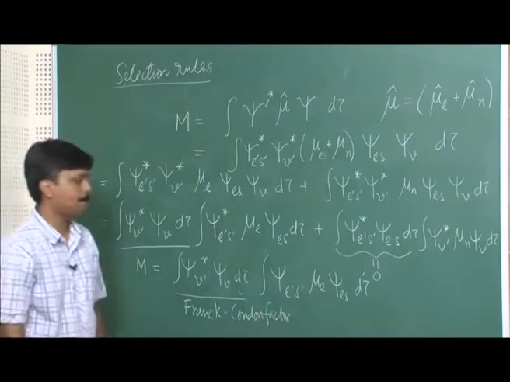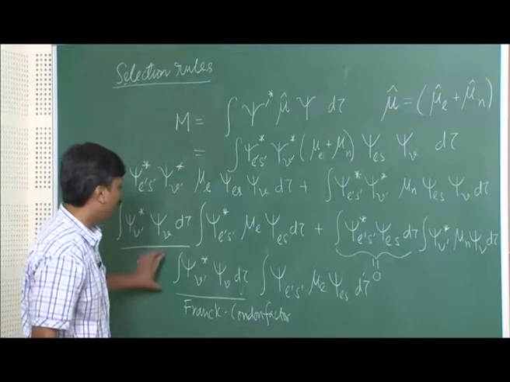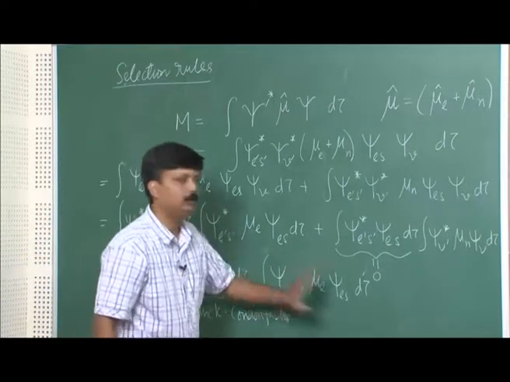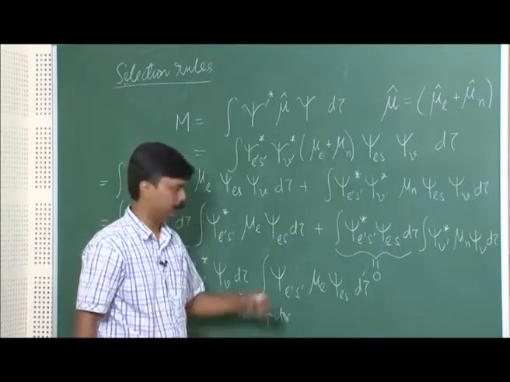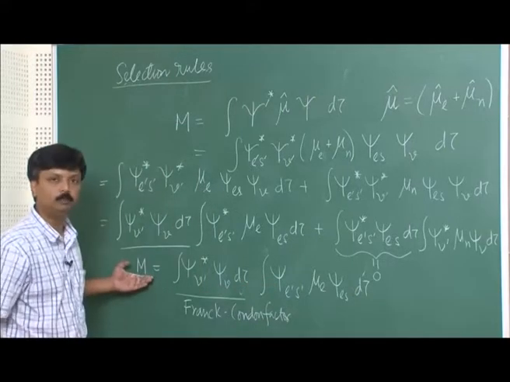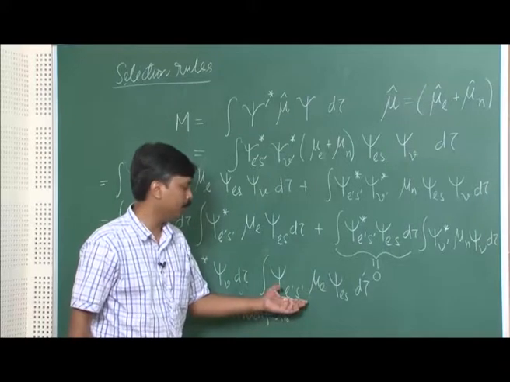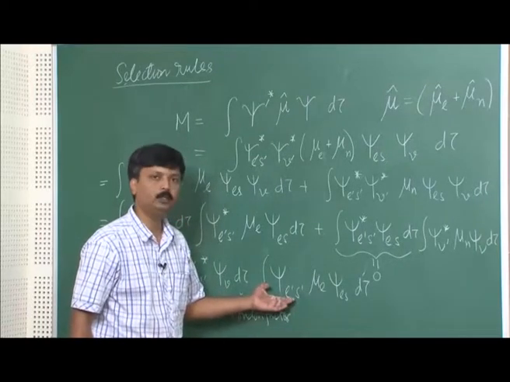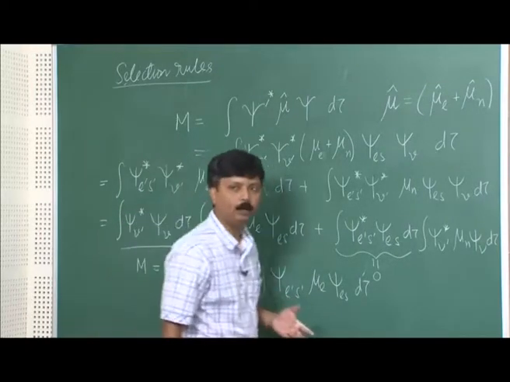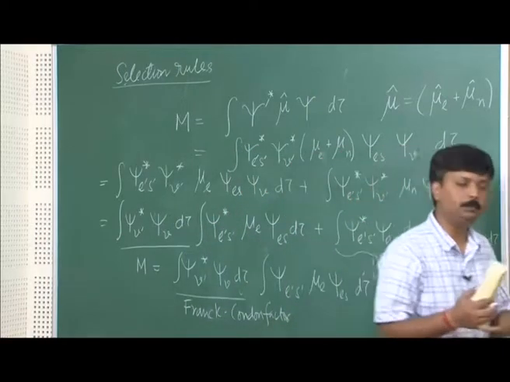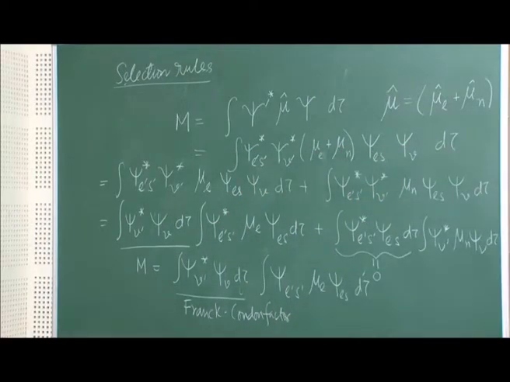All right. So I can take this product of integrals, which is now my transition moment integral, and we can split them even further. So this electronic part and the spin part, I can split further.